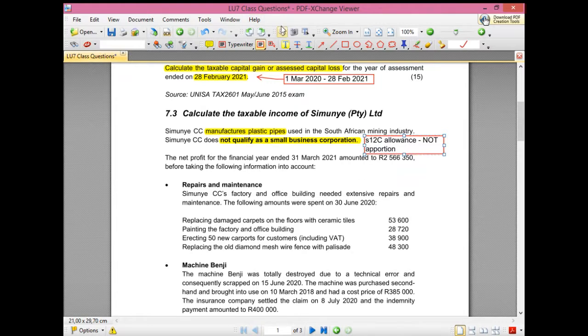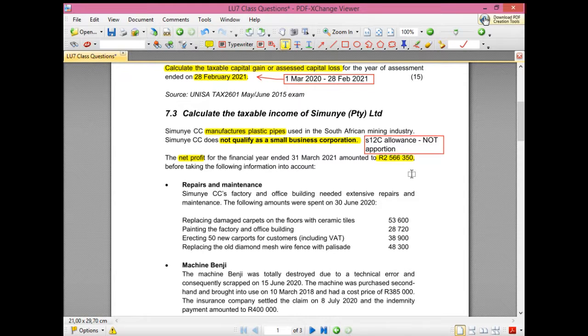Okay, so let's see what information do they give you. They tell you the net profit for the year was 2,566,350,000. Okay, so that is going to be your starting point. Then your repairs and maintenance. Now remember, repairs and maintenance is deductible unless it is an improvement, then it is seen as capital in nature.